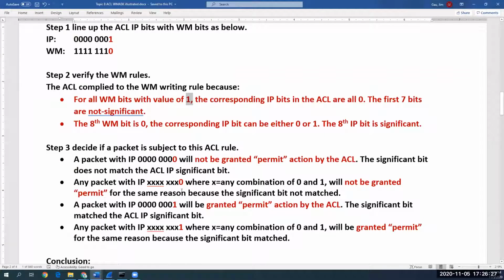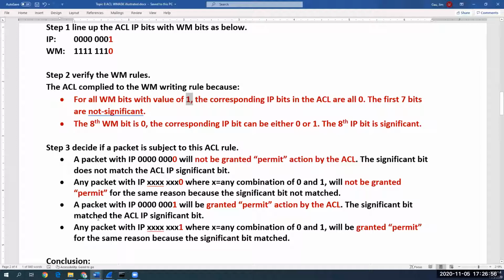Now remember, we also mentioned that in order for the rule to apply, all the significant bits must match. If a packet comes in with the IP address of eight zeros, it will not be granted the action by the ACL because the significant bit doesn't match.